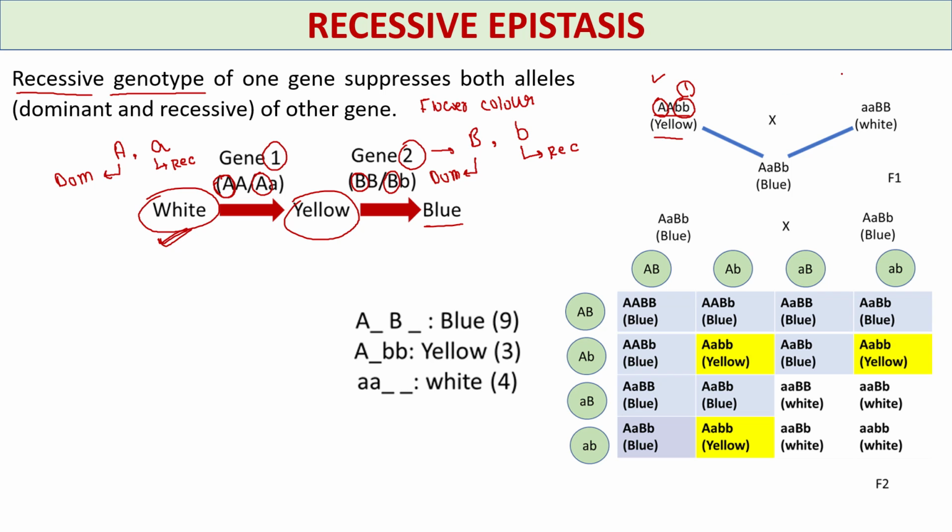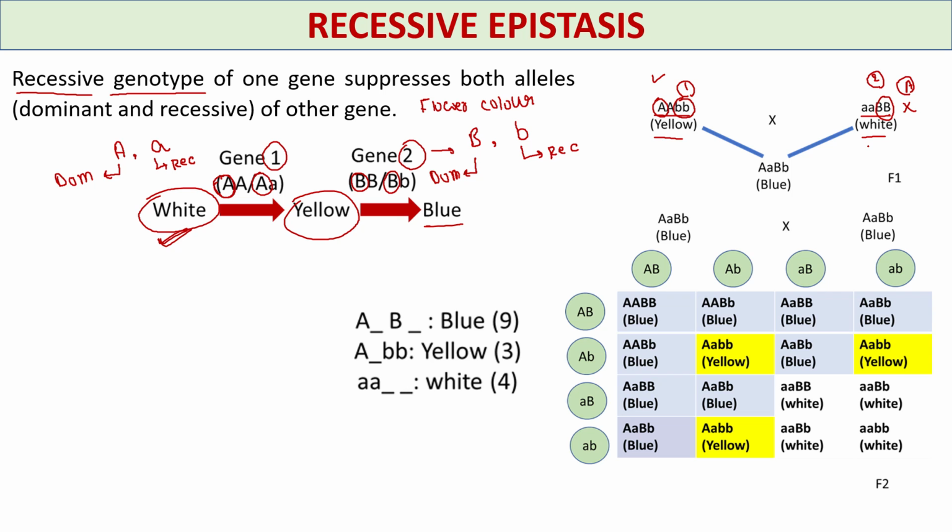The second parent has genotype small a, capital B. It is white because allele capital A is absent here. Hence, it will not give the color yellow, and when yellow is not produced, allele capital B also can't give any color.